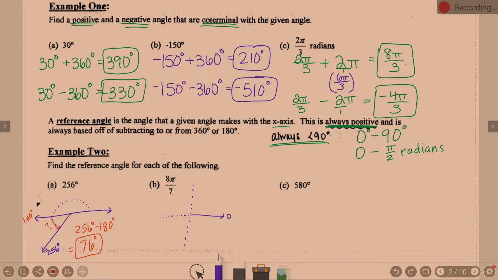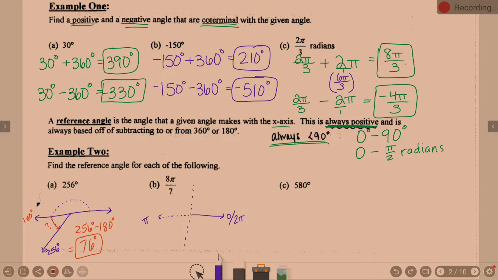But, okay, this is 0, right? It is also 2 pi. What is this over here? Over here at 180 degrees, this is called pi. This is what I start filling in.